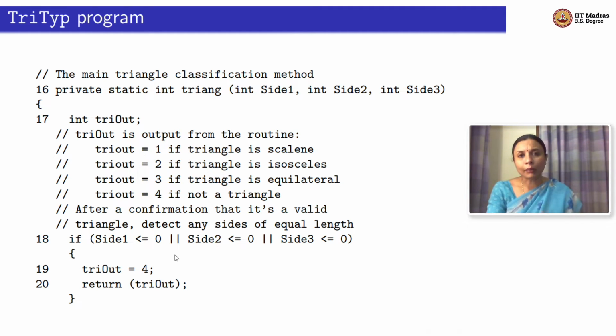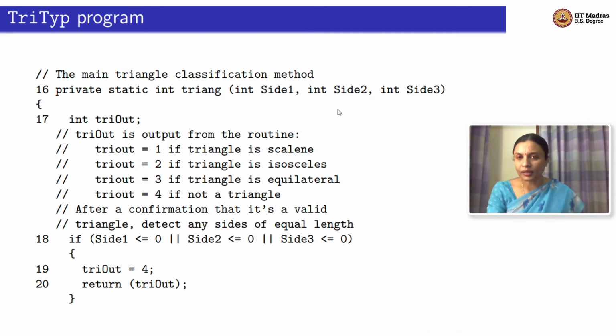We know that this is a method that is supposed to take 3 sides as input and output the correct type of the triangle, a classification of the triangle. So this is the tri-type program. What we want to do now is black box testing by partitioning these 3 inputs appropriately.